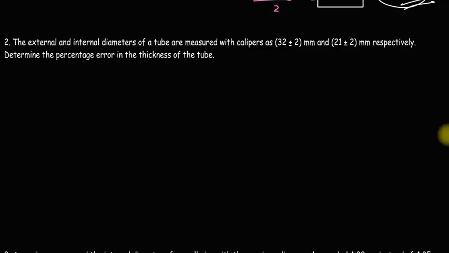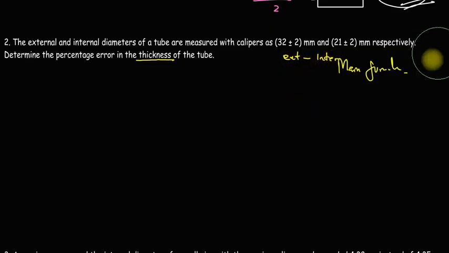First thing I want you to think about is, what is the main formula for this problem? We are talking about thickness, right? So we're still going to use the same format of external diameter minus internal diameter as our previous question.